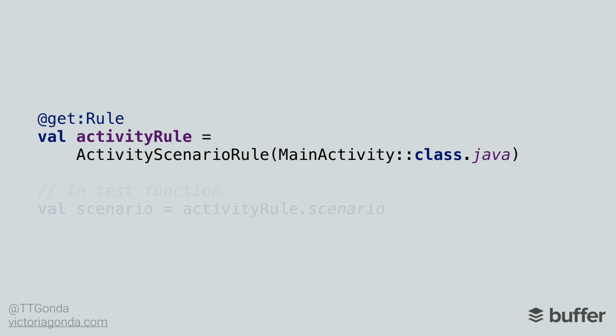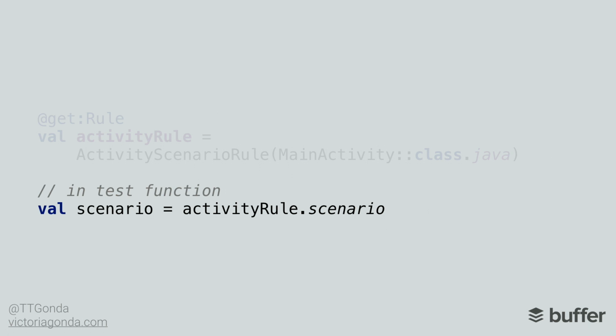In this case, it handles the launching of your activity before your test and closing everything, freeing the resources, and bringing your test back to their initial state after the tests. So these are the same things that happen if you were to manually do activity scenario.launch at the beginning and then scenario.close at the end.